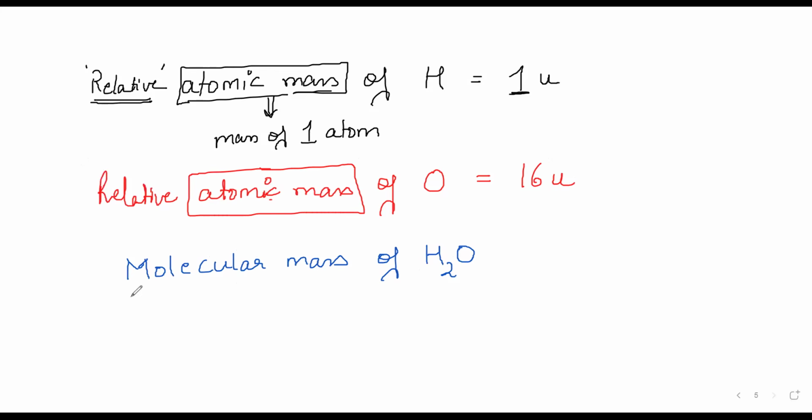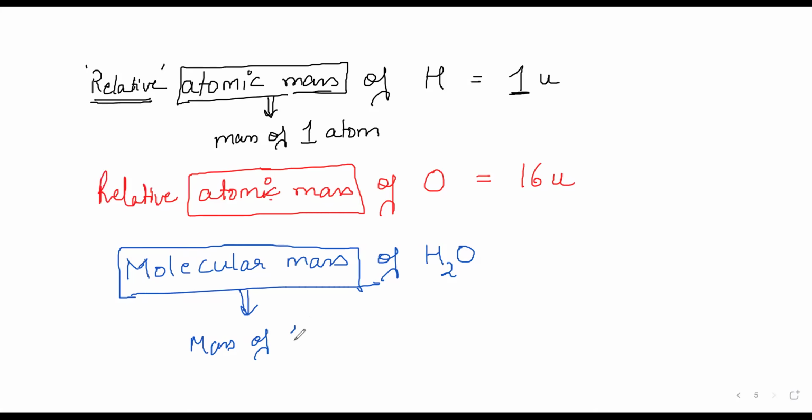so now what does molecular mass mean? Atomic mass meant the mass of one atom. Similarly, molecular mass means the mass of one molecule. And again, this one molecule is not going to be visible to you. So obviously you will prefer calculating the mass of one molecule of water in terms of U, AMU. Now we know that a water molecule is made up of two hydrogen atoms.